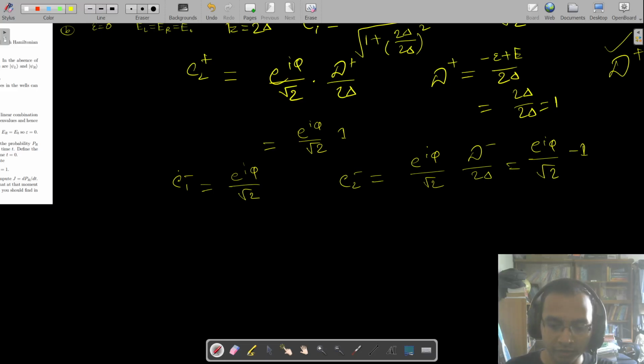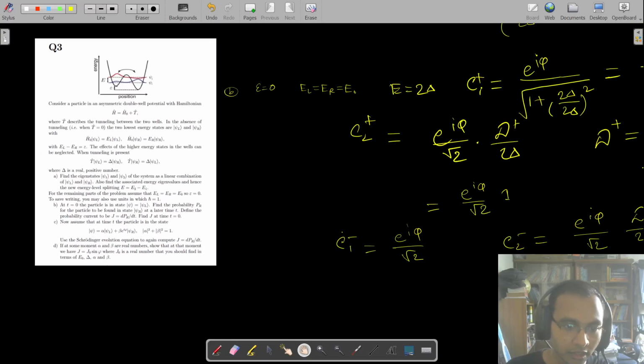Right. So given all this information, we can now move to answering a question where we are told that at time t equals to 0, the particle is in the state psi L. Now we have to find the probability PR for the particle to be found in state psi R at time t.